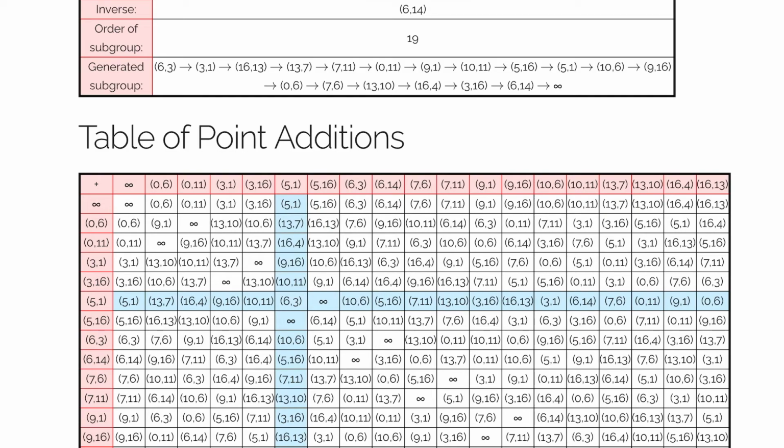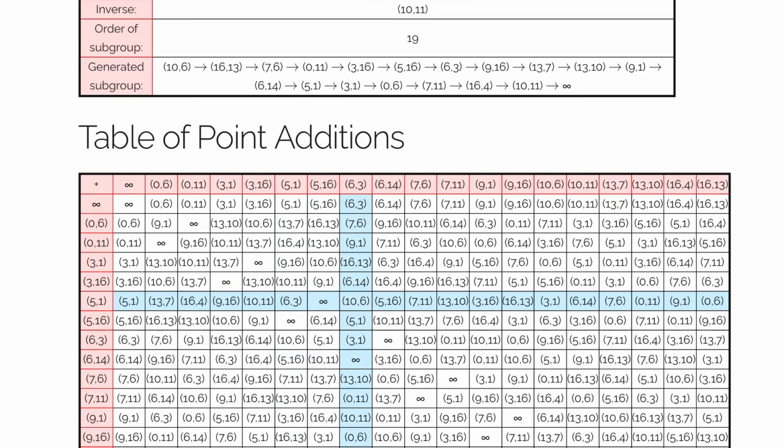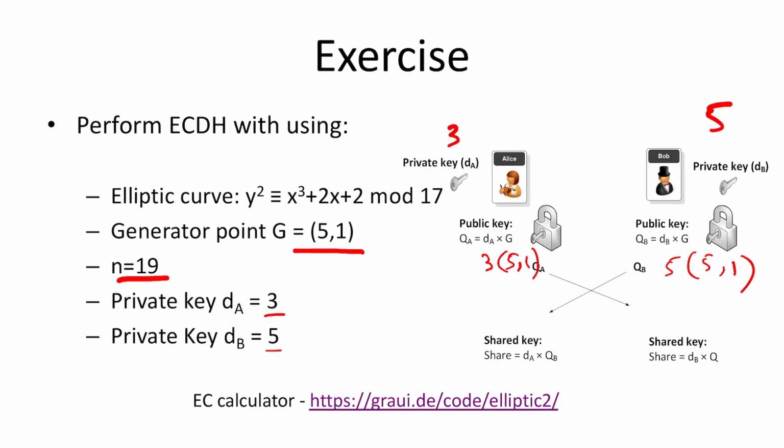So again, I'm going to keep the row label as 5, 1, and now for the column label, I'm going to choose 6, 3. So that gives me 10, 6. So this is actually equal to 10, 6. And so to calculate 5 times 5, 1, I'm just going to add 5, 1 and 5, 1 to 10, 6. So this is essentially equal to 10, 6 plus 5, 1 plus 5, 1.